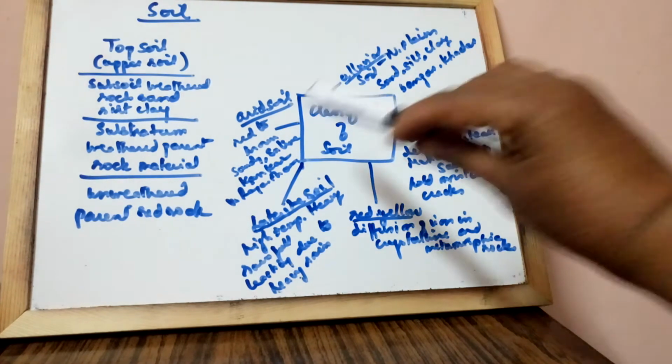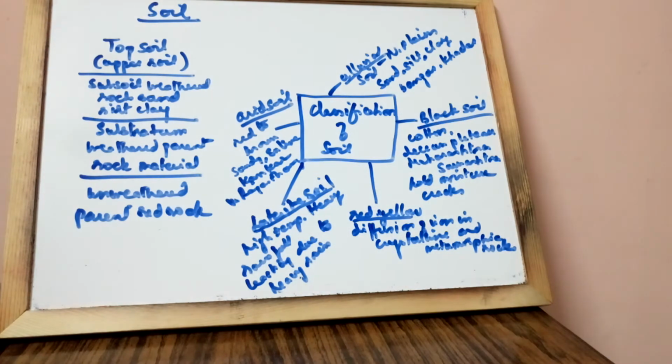So there is a disturbance. That is what weathered rock. There is a disturbance in the rock. You find there are cracks in the rock, and the gaps found in the rocks absorb water, rainwater. So the rainwater is responsible for making changes in the rock. So you find the weathered parent rock there.